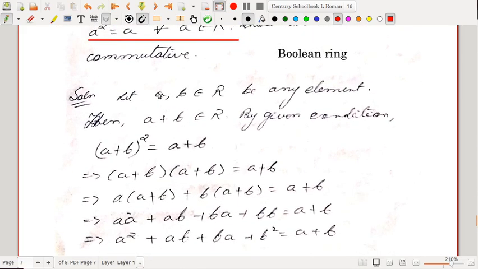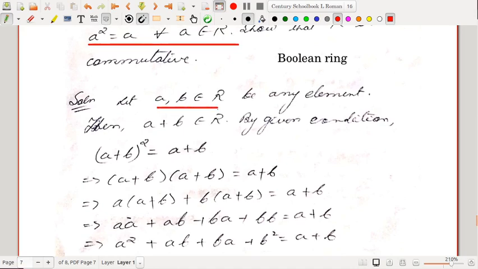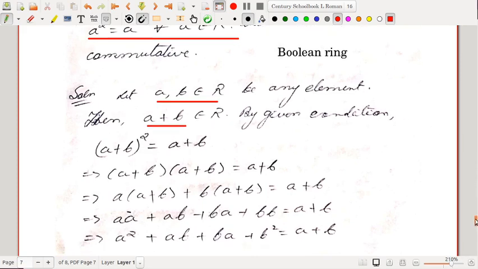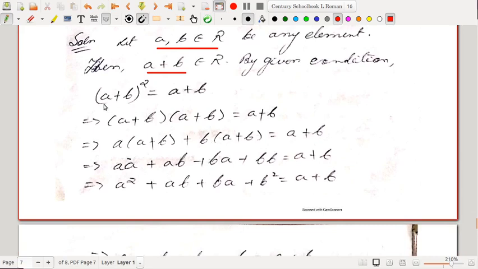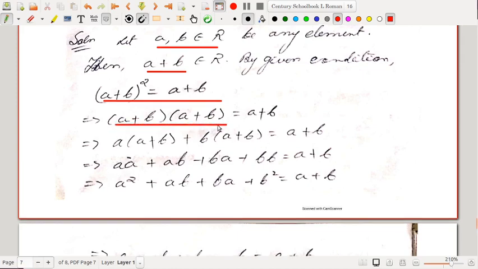So let a, b belong to R be any element. We have to show that ab is equal to ba. Since a, b belong to R, a plus b is also in R, because the set R is a ring. So by the given condition, a plus b whole square is the same as a plus b, because a square equal to a for all a. So just split it as per the distributive property.